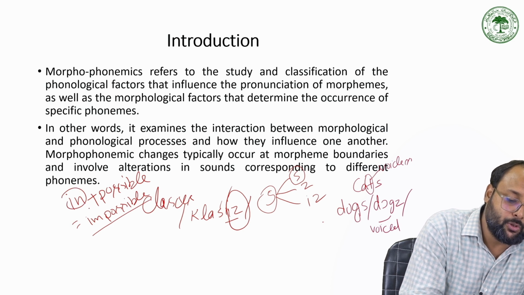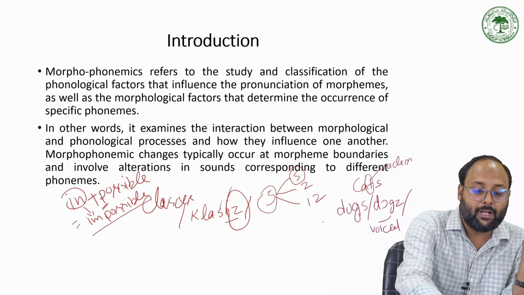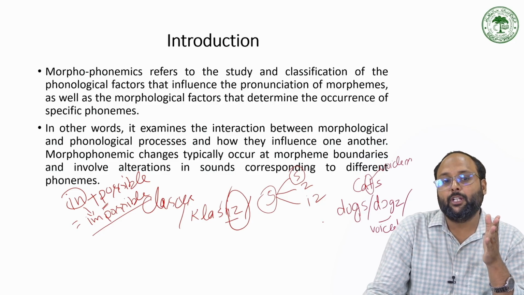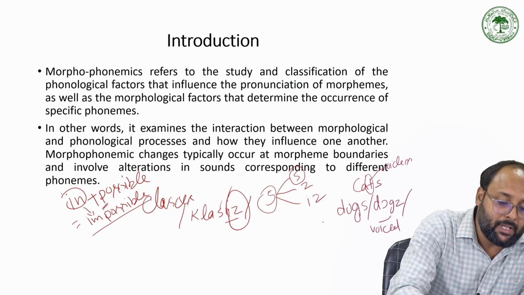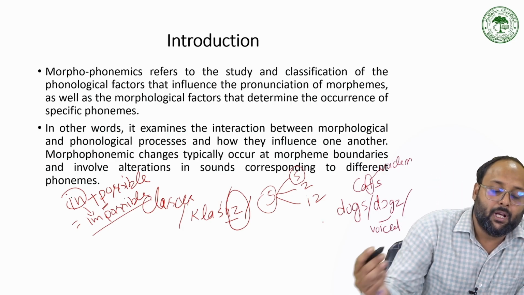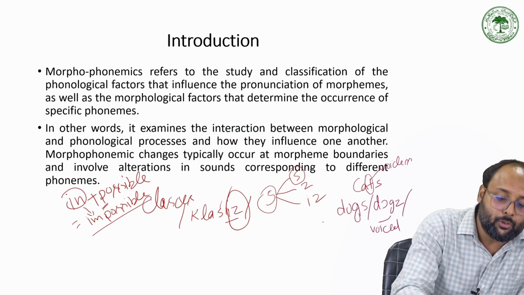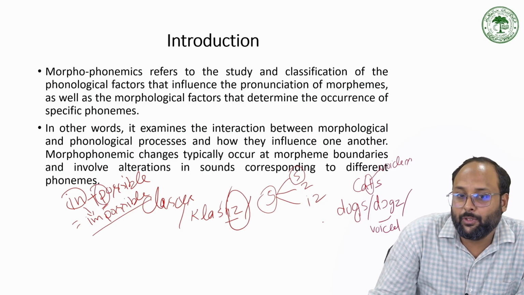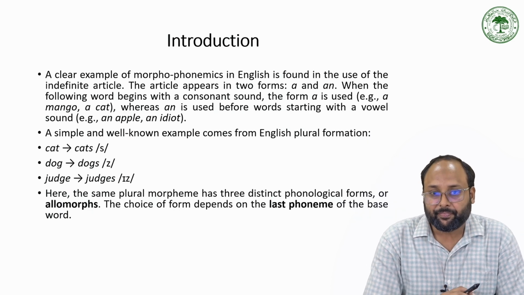The in changes into im because of the following sound p. The following sound p is a bilabial sound, so the alveolar n changes into the bilabial nasal, that is m. This is called a morphophonemic process, in which the negative prefix in changes into im because of the following sound. That is a change in the morpheme because of the phoneme. It is called the phonological condition in morphophonemics.